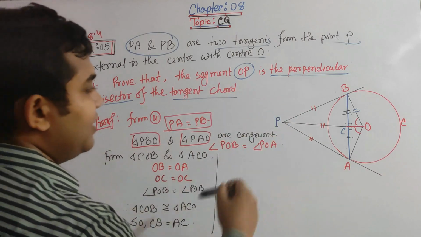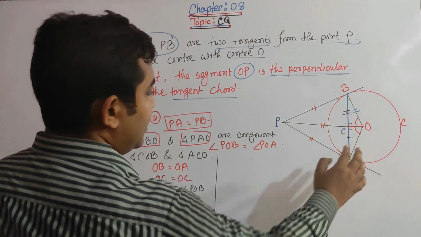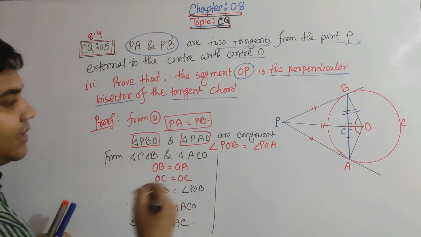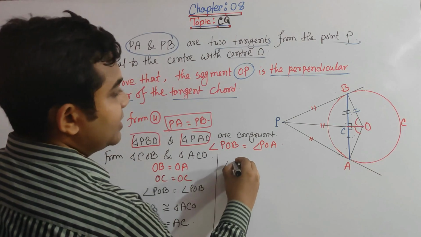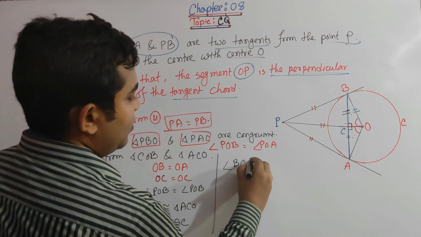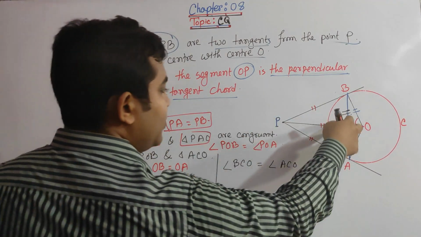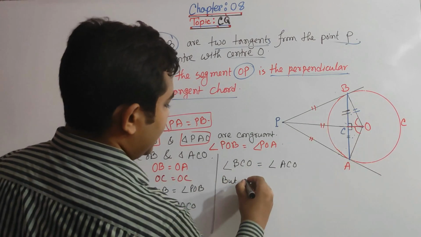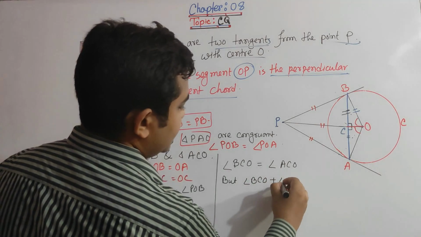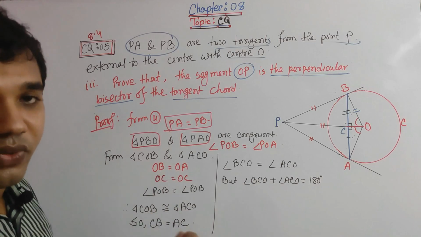Okay, for that part what can we say? Since these two sides are equal, our first proof is here. The second part is, since these two are congruent, then this angle and this angle are equal, that is, BCO is equal to ACO. But the summation of these two angles, BCO plus ACO, is 180 degrees, since these two make a straight angle.